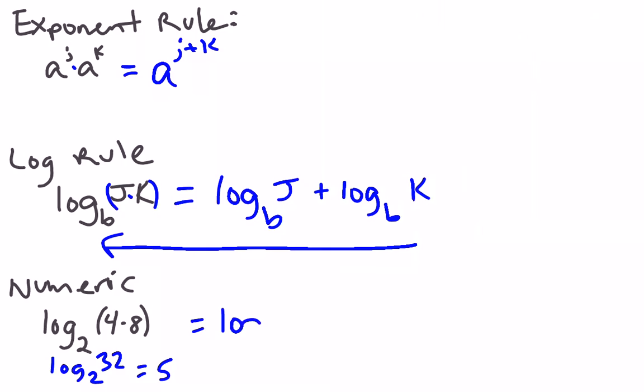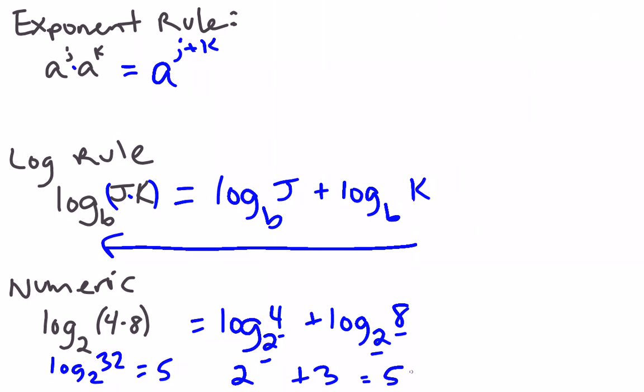When you multiply two things in your argument, you can split it up with addition. So log base 2 of 4 plus log base 2 of 8. Remember, a log just means an exponent. So what power of 2 gives you 4? 2. What power of 2 gives you 8? 3. And we do get, in fact, that 2 plus 3 is 5. So our property works with a numeric example.